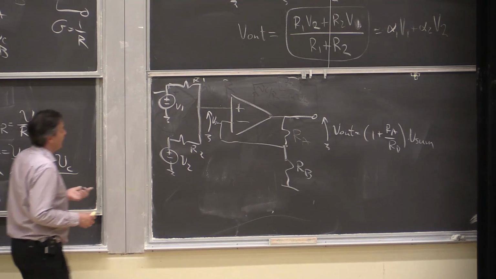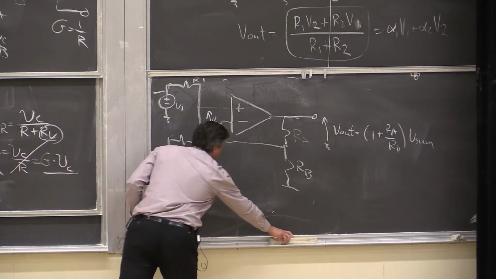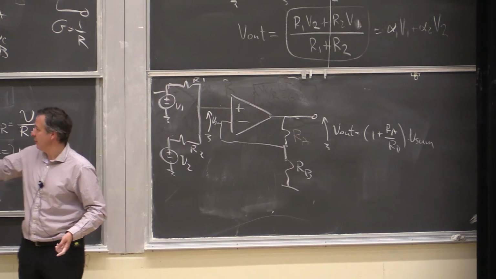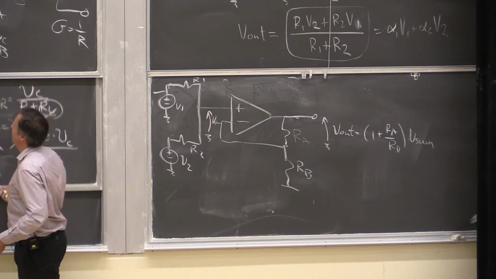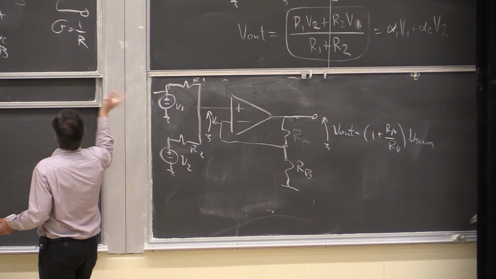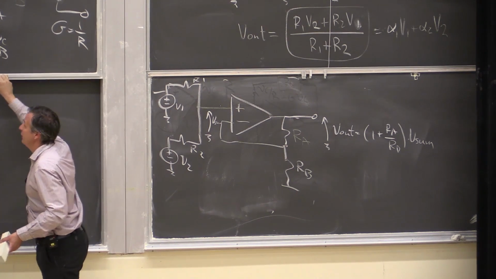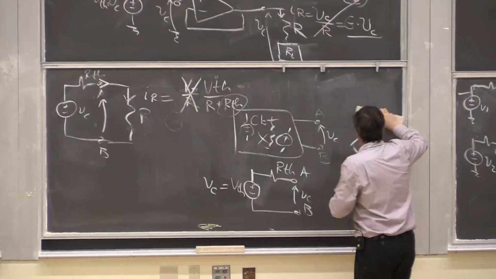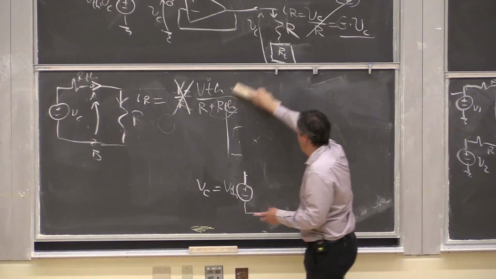So there's another type of summer that we can build. I guess we erased it. It's based on op-amps.